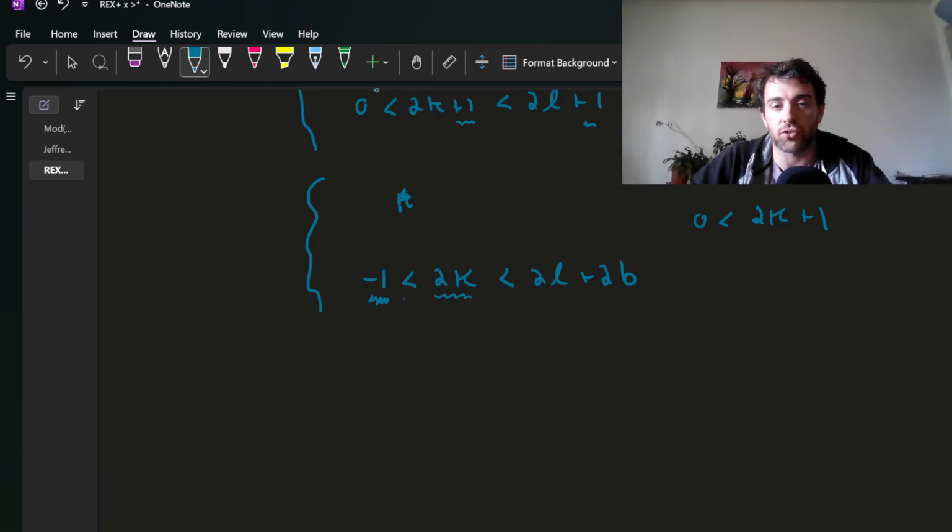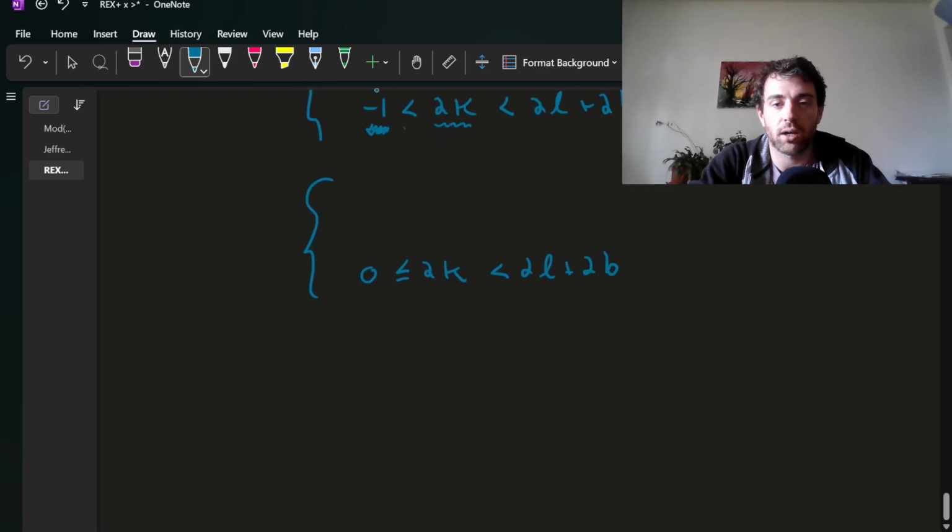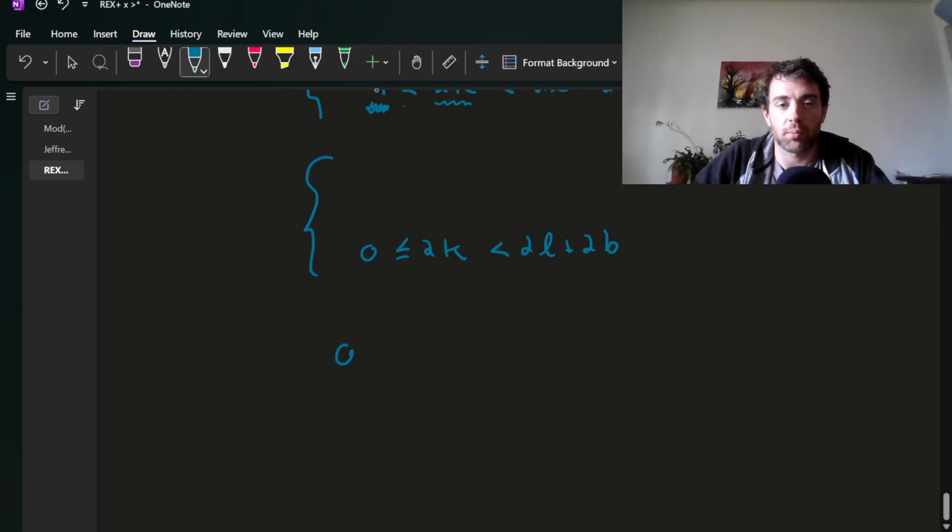Well, just the fact that this is an integer and strictly greater than minus 1 is equivalent to saying that it's at least 0. And so we have this inequality here. I can multiply both sides by 2, so that becomes this inequality here. Oh, sorry, I did an extra step. And then finally, that reduces to this inequality, K between 0 and L plus B minus 1.